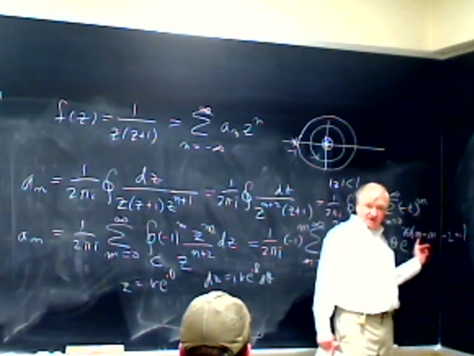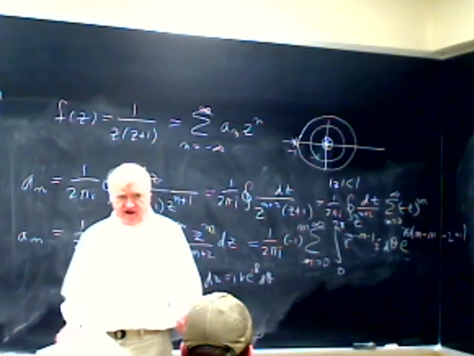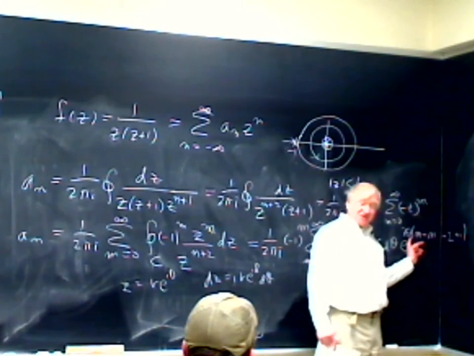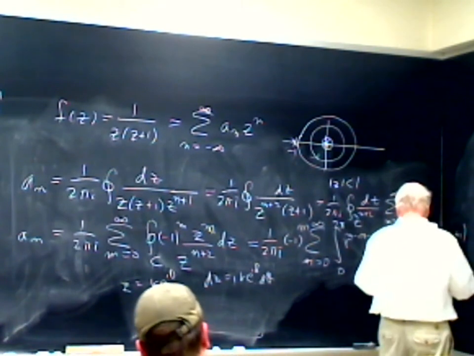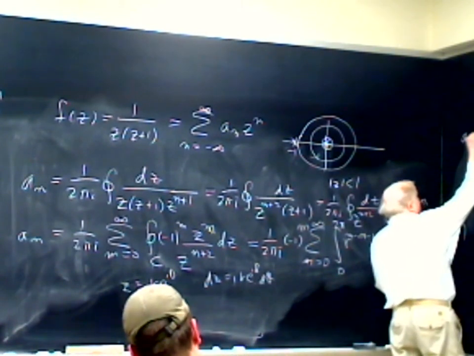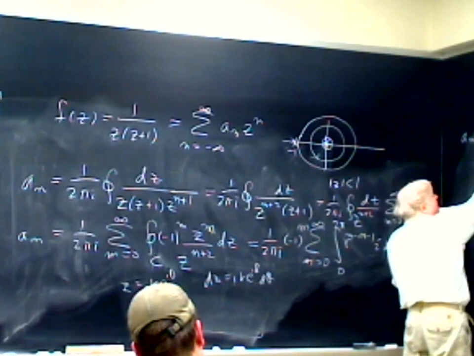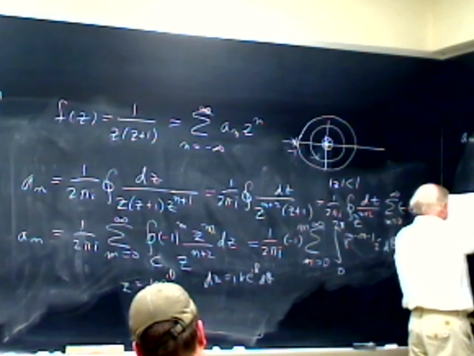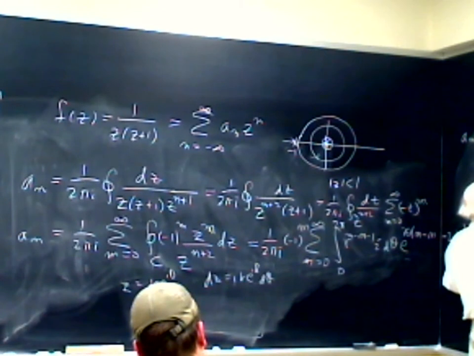This is always an integer up here. If this is a non-zero integer, the integral is 0. That was what we found when we did Fourier analysis and so forth. If, on the other hand, this integer up here is just 0, then you get 2 pi. And so this thing then, a sub n, the i's have canceled, and so we have a sum of minus 1 to the m, m equals 0 to infinity, r to the m minus n minus 1, delta m, n plus 1.